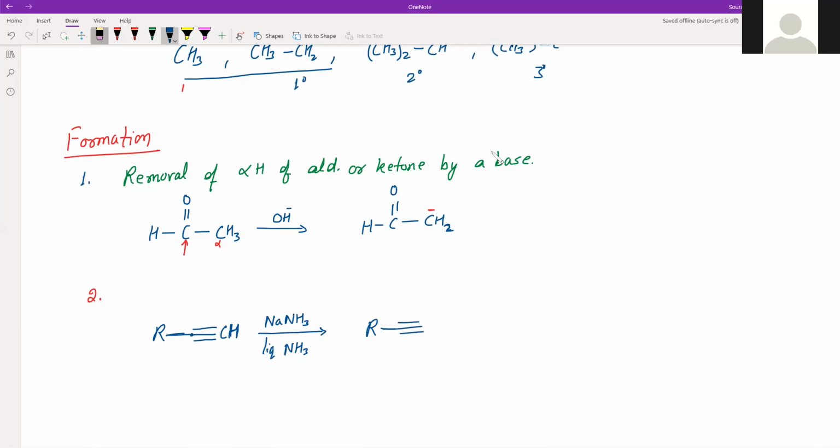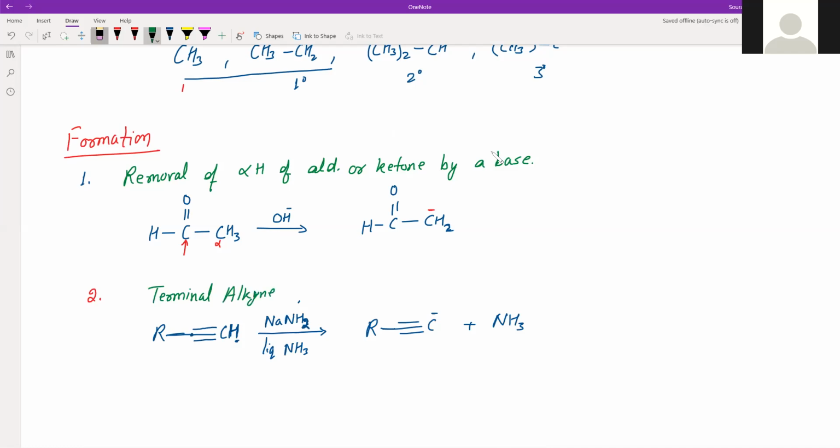Now this carbon, which is here, that will have a negative charge, and the H, which was here, that will come here, and sorry, this was NH2, right? This will get attached to that, and it will form NH3. So what can we write about this? This is a reaction of terminal alkynes. I hope you understood what I mean by terminal alkyne.